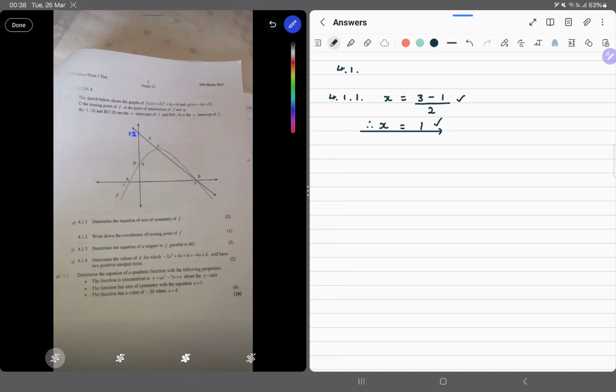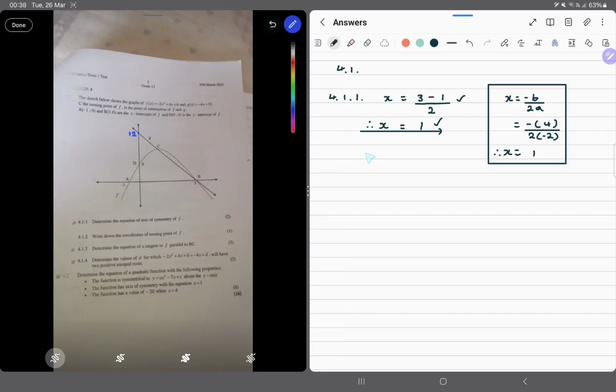Now there's other options. One could write x is equal to minus b over 2a, which is going to be minus into 4 divided by 2 into minus 2. That also means x is 1. So this is another option on how to solve this.